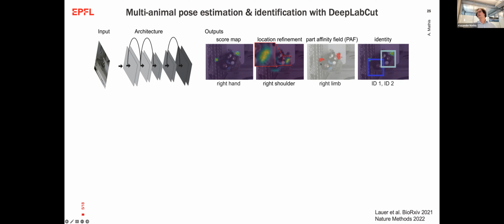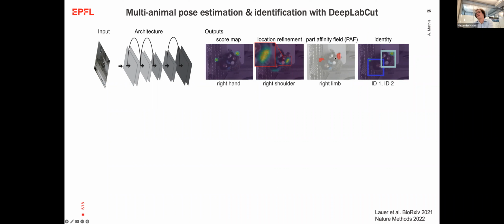And then crucially, there's this part affinity field output, where what we actually predict is a vector field that points from, in this case, for example, the right elbow to the right wrist. And what you can see is that for this marmoset that has the white tufts, that elbow is not connected to the right wrist of the blue marmoset, so we don't have a vector field that points nicely between those 2.